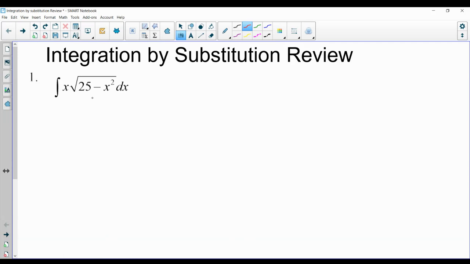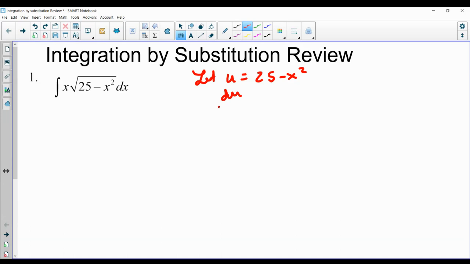Let's do this one. So clearly it's nasty. I can't use a calculator. There's no bounds. I can't use Math 9. So I definitely have to show my work and integrate with substitution. So I'm going to let u be 25 minus x squared.